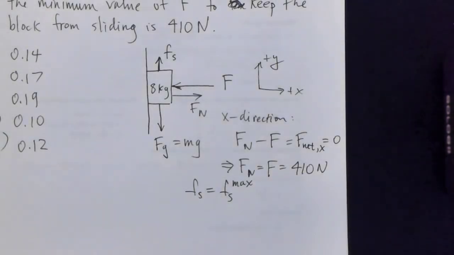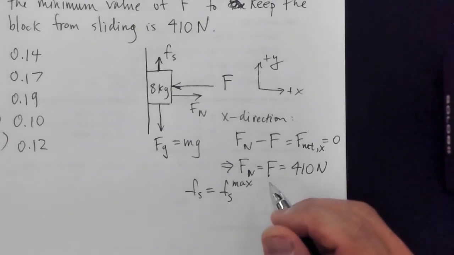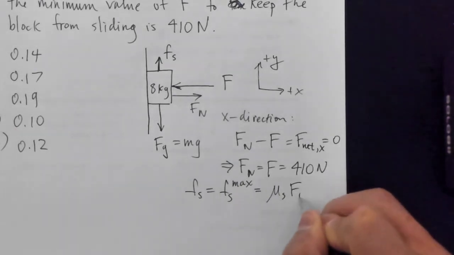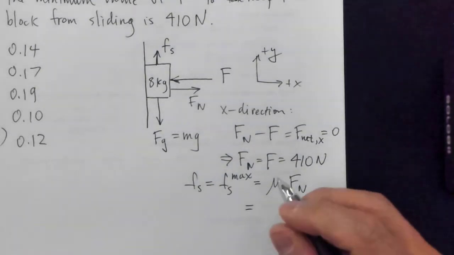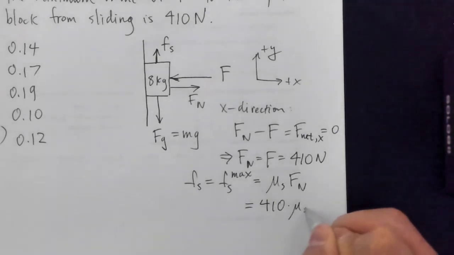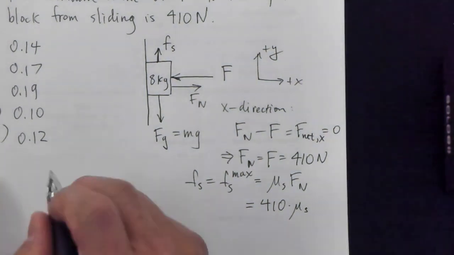What's the formula for the maximum static friction force? US times Fn. So that will be 410 times US. We can put in the newtons later. Don't worry about that. And now let's look in the y direction.